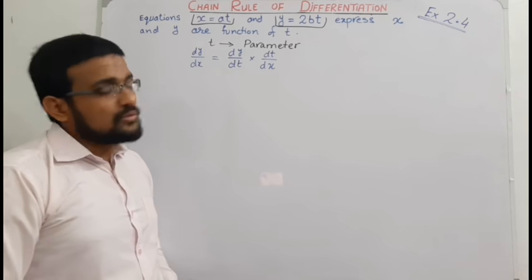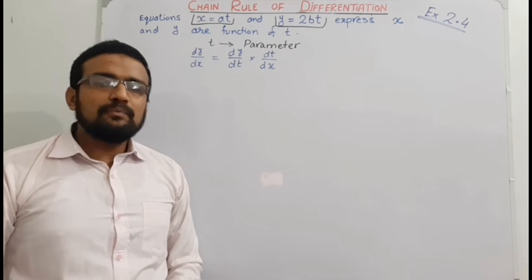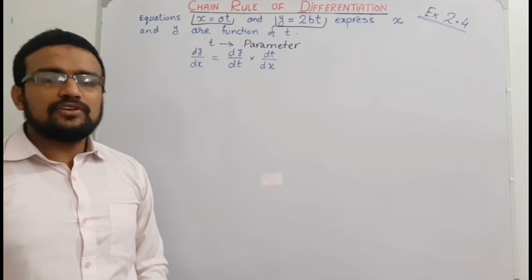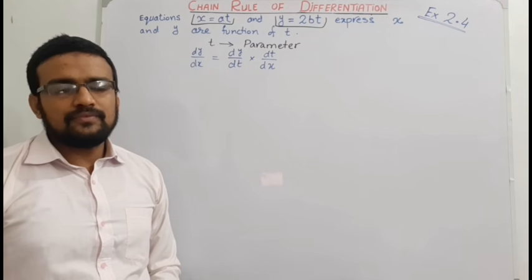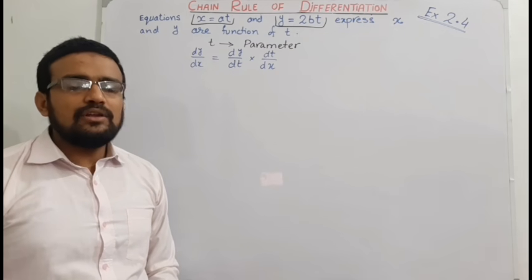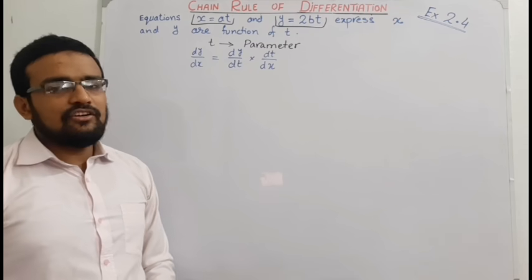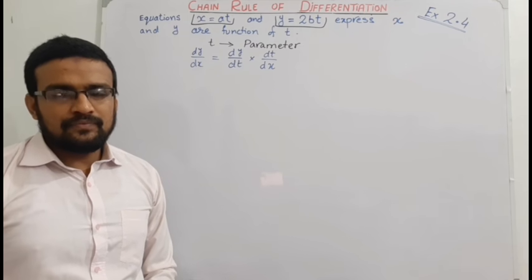It means two dependent variables depend on the same independent variable, and these types of equations are called parametric equations.